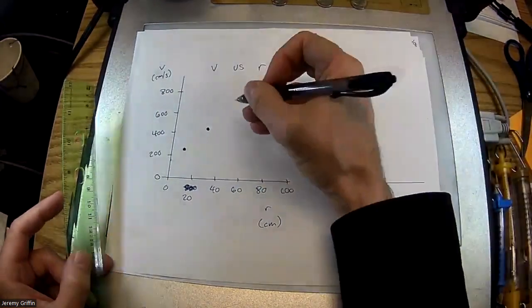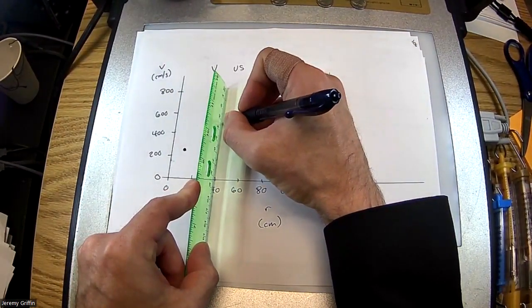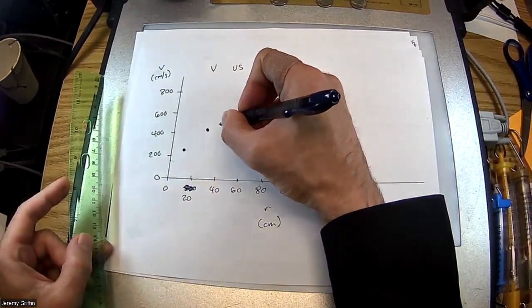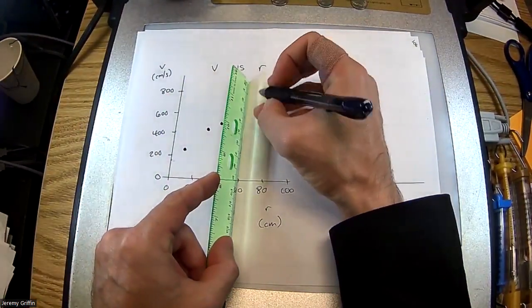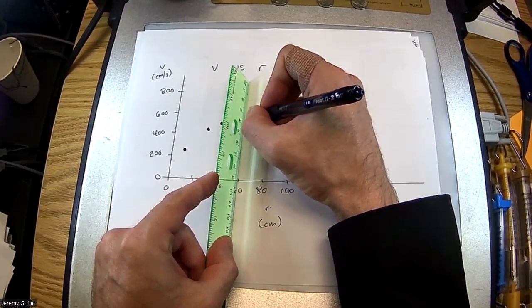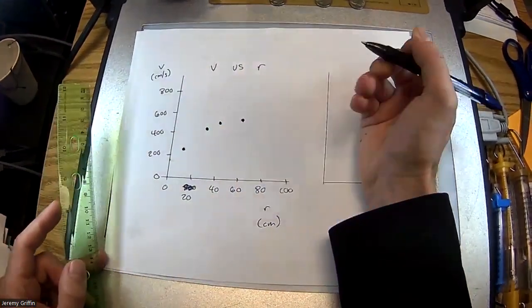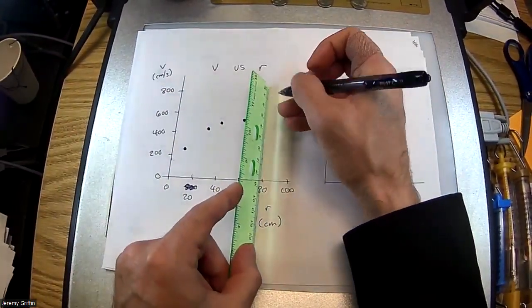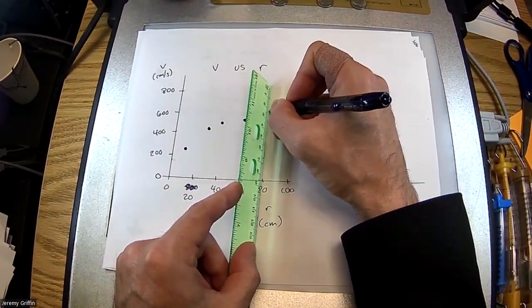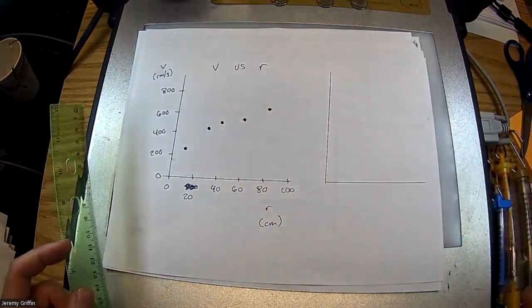At 40 centimeters, it was 478. Bam. 60 centimeters, 483. Oops, not quite 500. Bam. At 80, 612.6. All right, so 5 data points.